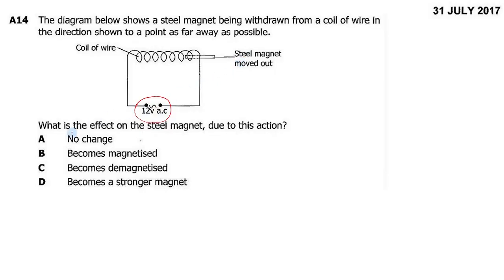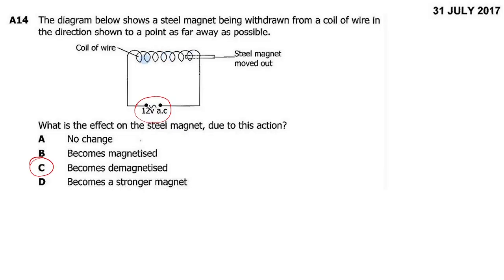When they ask what is the effect on the steel magnet due to this action, it means no change, no; becomes magnetized, no; becomes demagnetized, yes, because the process of demagnetizing or removing magnetic property of a substance can involve putting a magnet into a solenoid connected to an AC voltage or current.